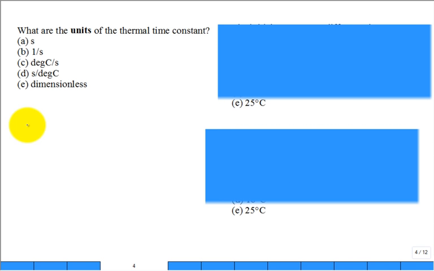And as a reminder, this is the symbol, tau. It's rho VC divided by HA. You got 5 seconds. All right, we're up. I'm closing it down.